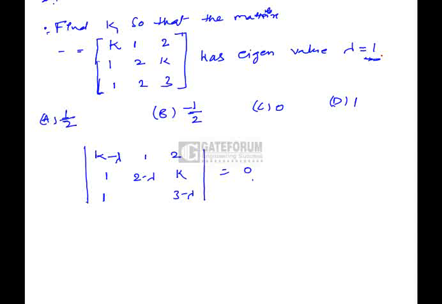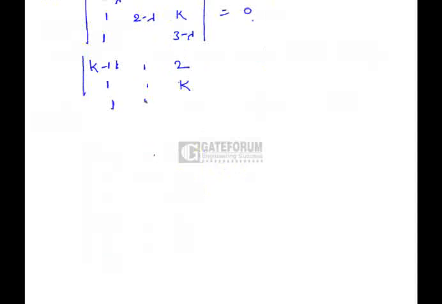So if we substitute lambda equal to 1, we will get the determinant of the matrix with entries k minus 1, 1, 2, 1, 2 minus 1 which is 1, k, 1, 2, and 3 minus lambda which is 2. The determinant of this matrix should be 0.